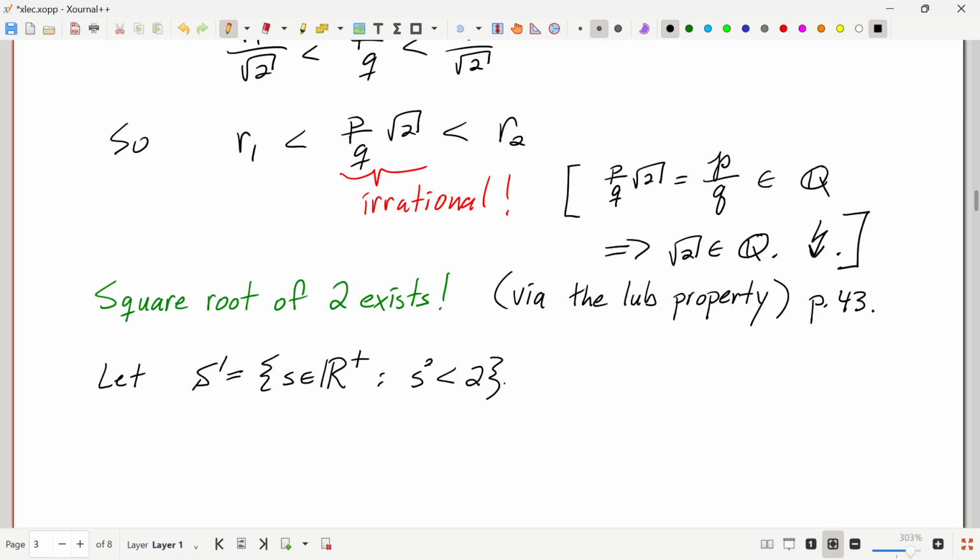It's clear that that's a bounded set from above. For example, if s was 3 or more, then s squared would be way more than 2, 9 and up. So S is bounded above by 3, for example, and even more by 4.